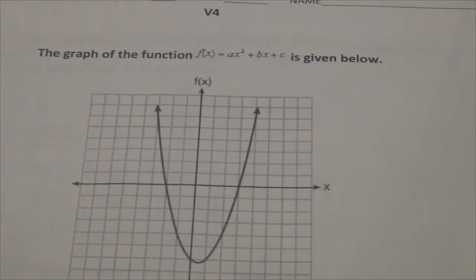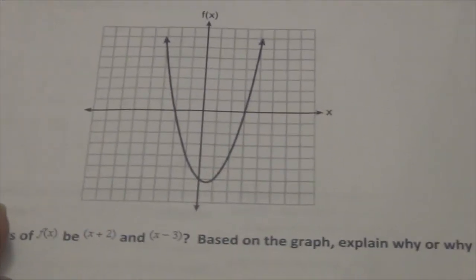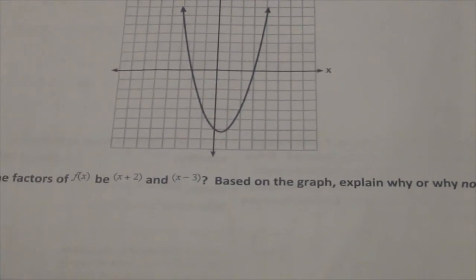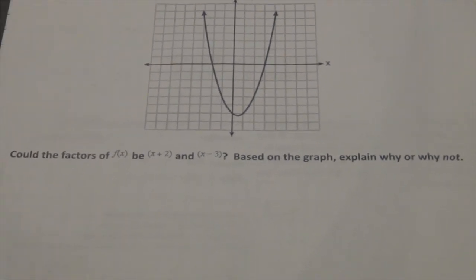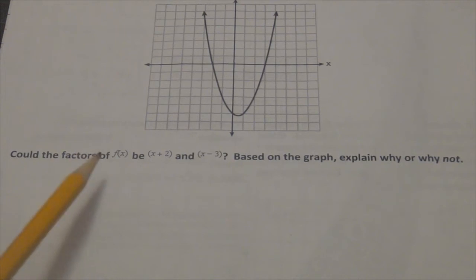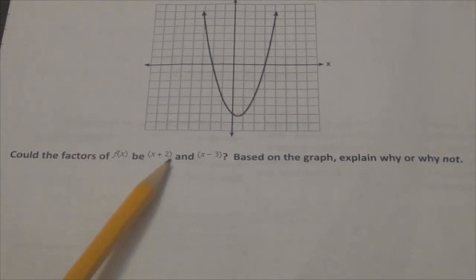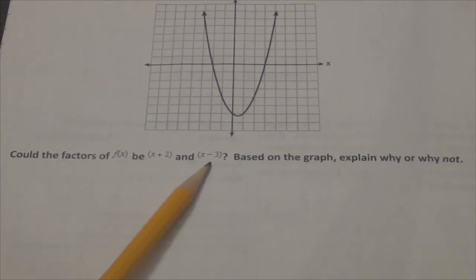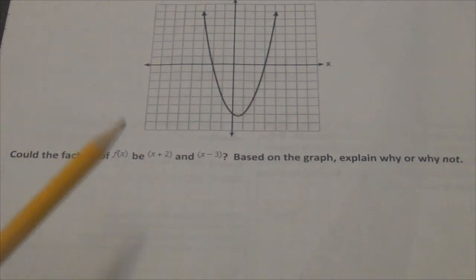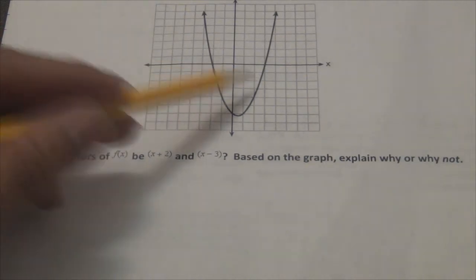It says the graph of the function is given below. So the question is this: could the factors of f of x be x plus 2 and x minus 3? Based on the graph, explain why or why not. Well, let's find out what the zeros are here.